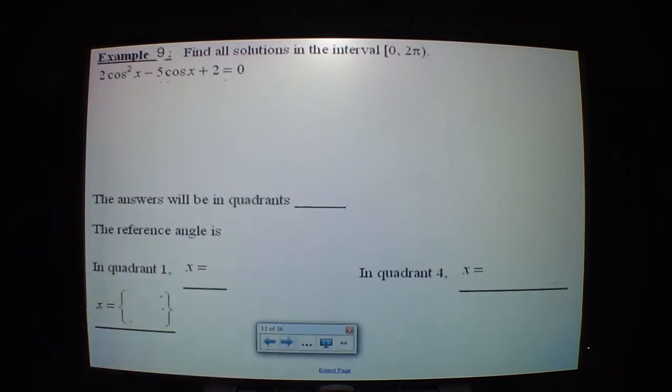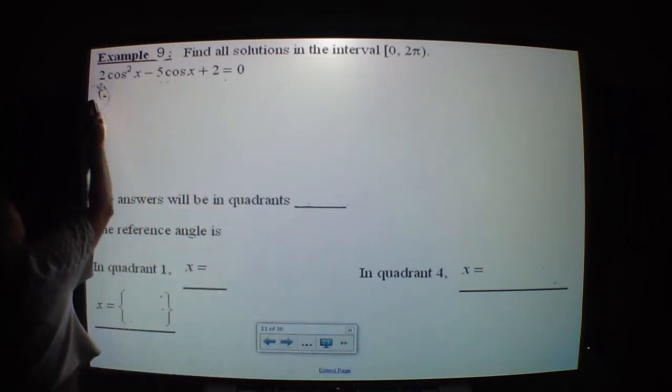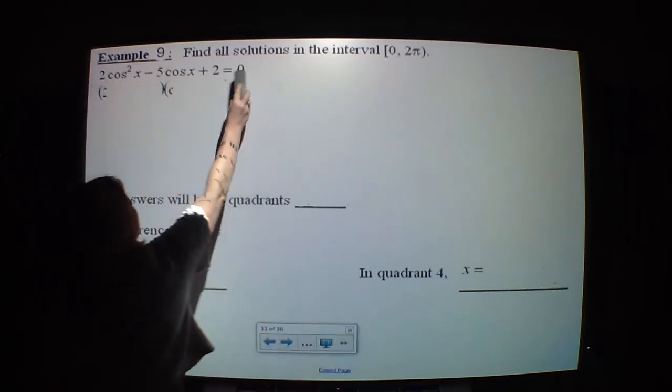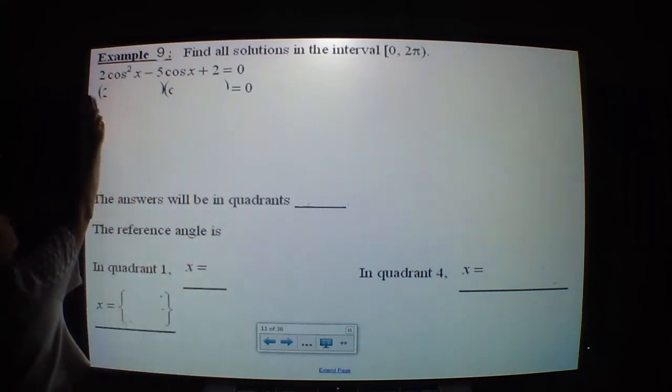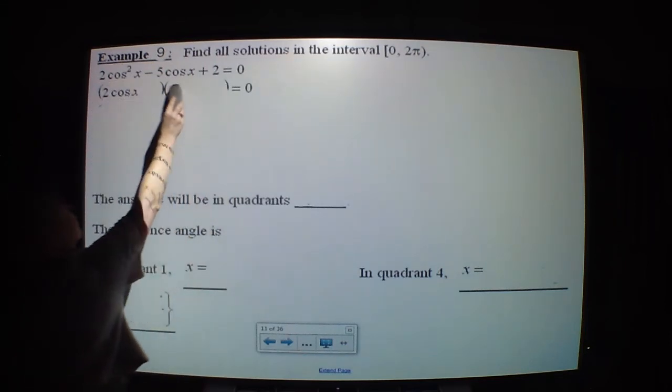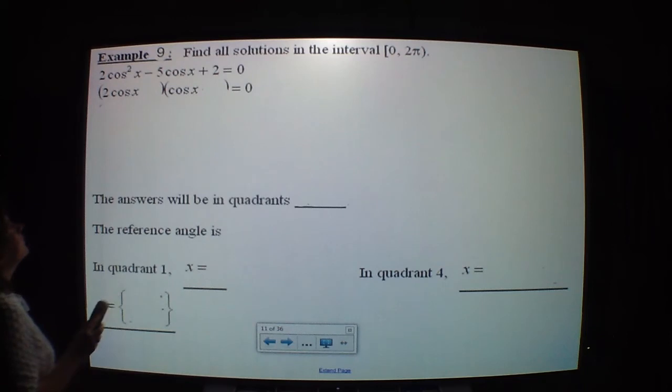Next one. This is also very similar to one that we did on the worksheet. We need to factor this. So do 2 sets of parentheses. 2 cosine of x and cosine of x go in my first positions.